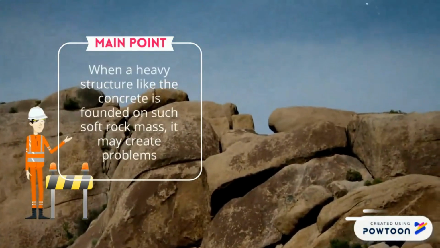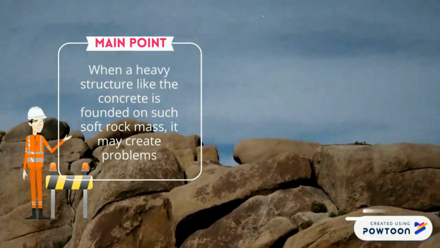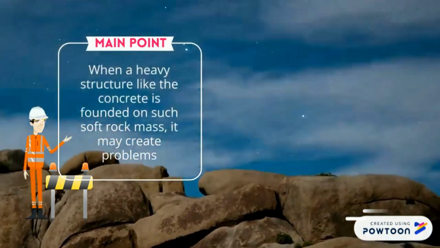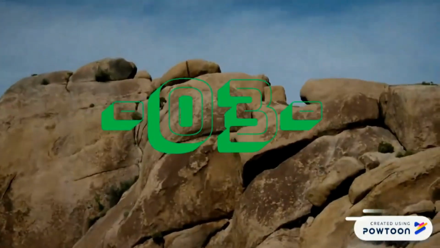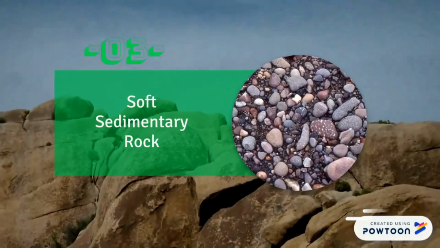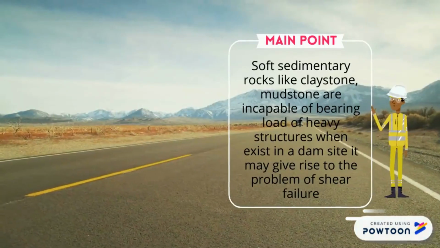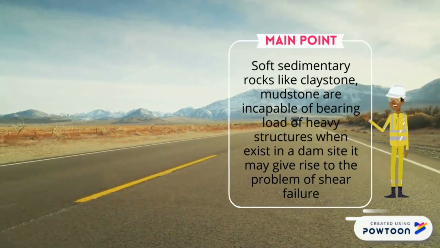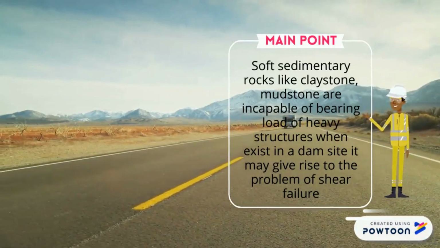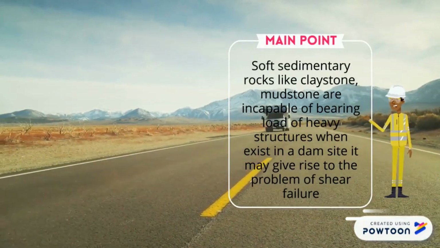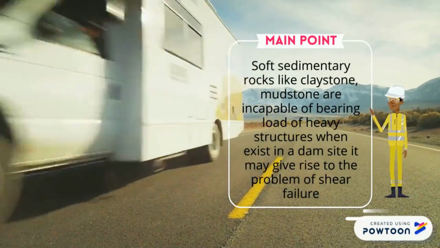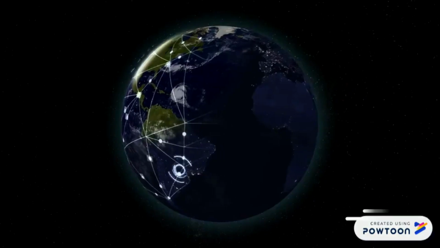When a heavy structure like concrete is founded on such soft rock mass, it may create problems. Soft sedimentary rock like claystone and mudstone are incapable of bearing load of heavy structures. When they exist in a dam site, it may give rise to the problem of shear failure.